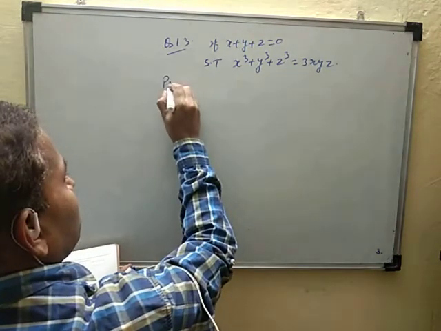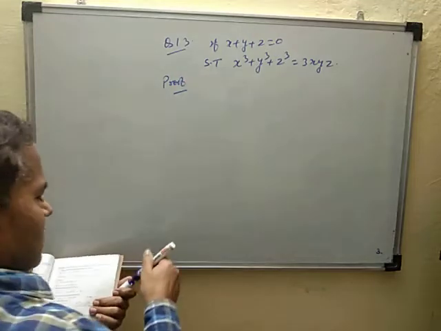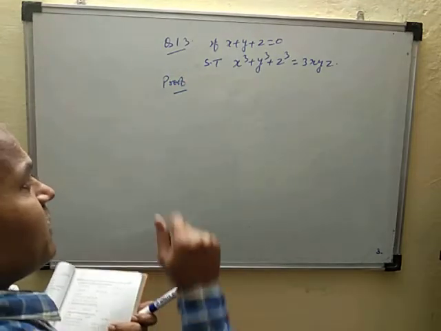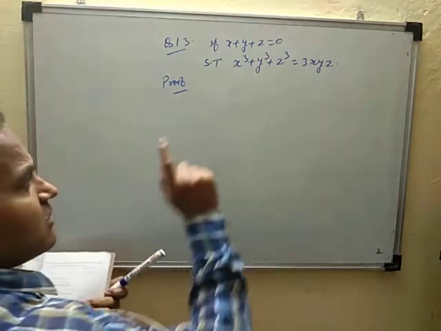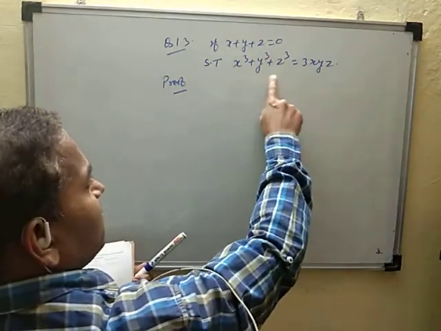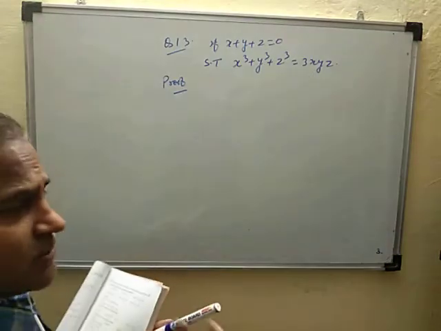So what is the question? Here x plus y plus z is equal to 0 given. Then show that x cube plus y cube plus z cube is equal to 3xyz.